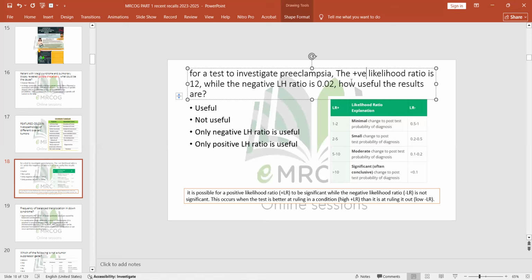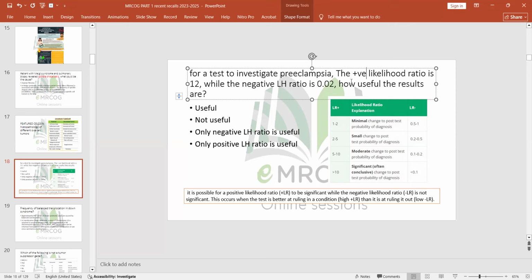So the likelihood before using the ultrasound was 30. After using the ultrasound, it's 30. Now get me a ratio, please. Before and after, 30 over 30, 1.